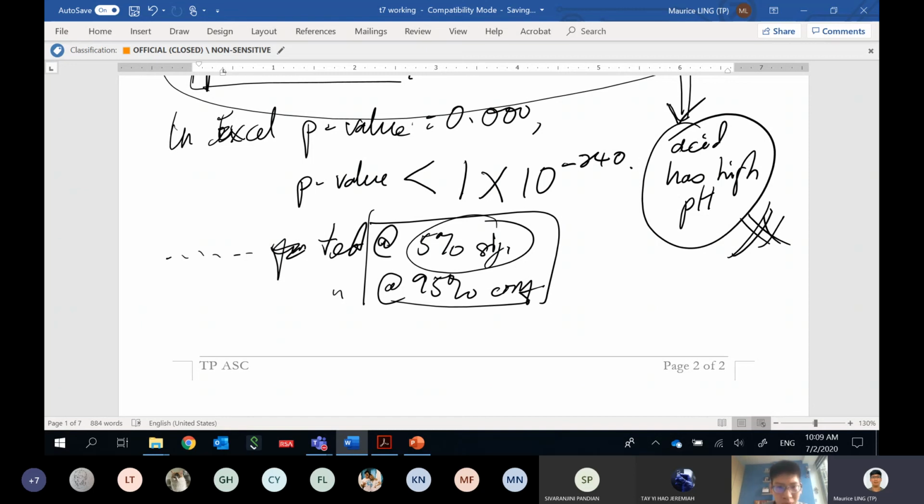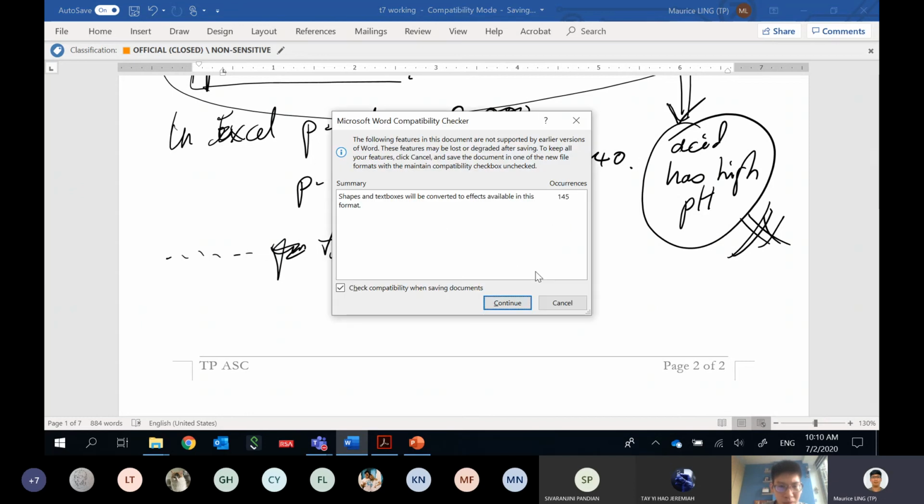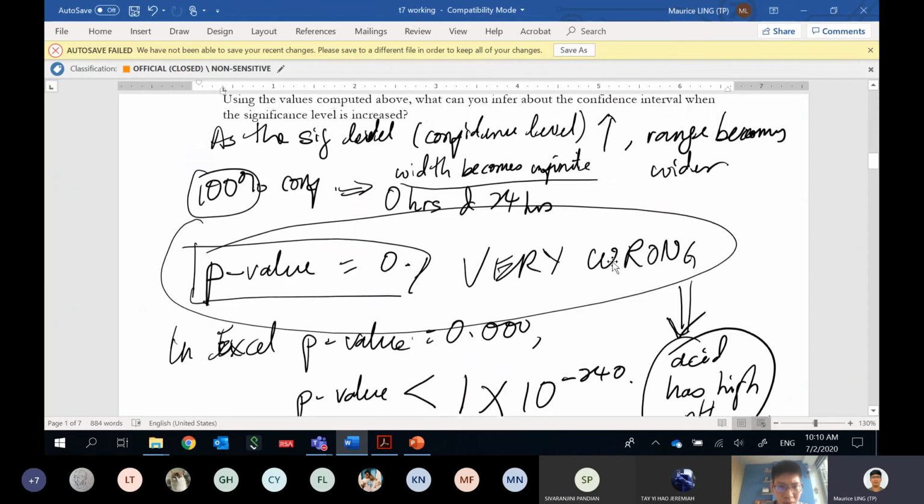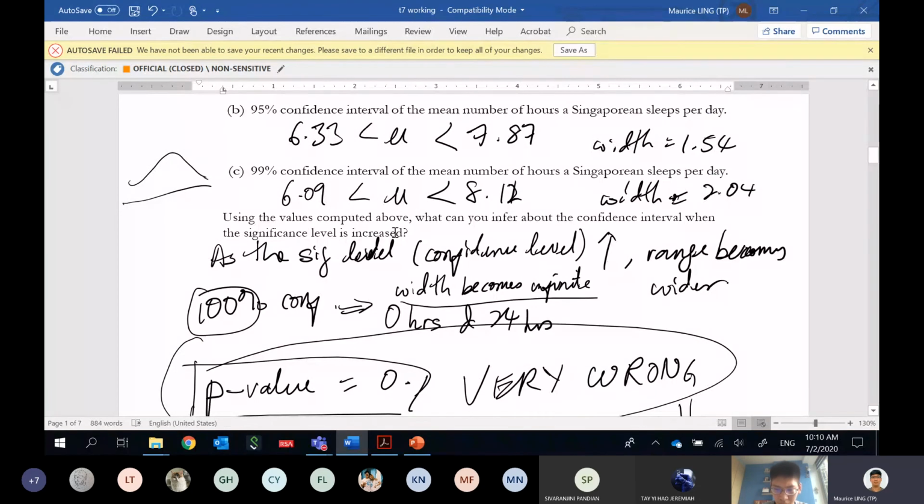You'll see some textbooks actually even flip-flop all the time. This is why if you can use the word confidence interval and it helps you make your life easier, don't use the word significance. Okay. This is why I call significance level and confidence interval synonymous in this context. Yes, sir. I see now.